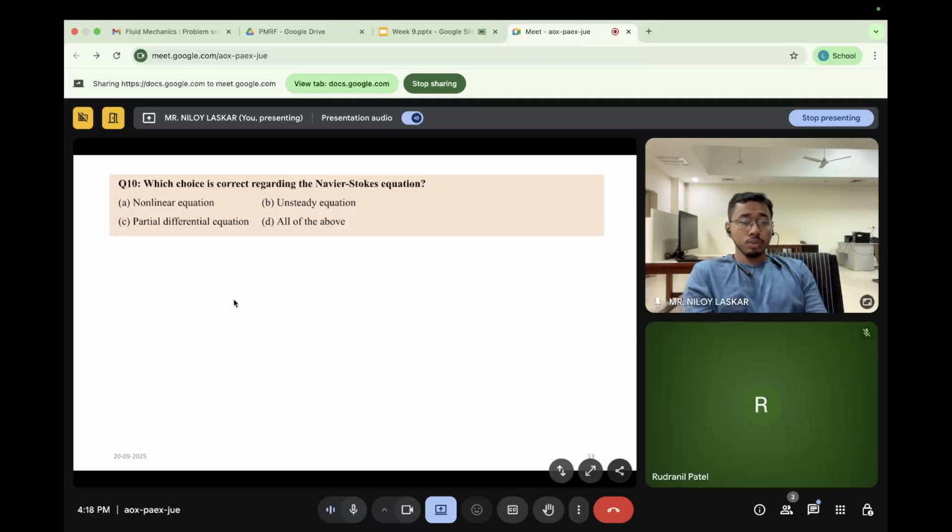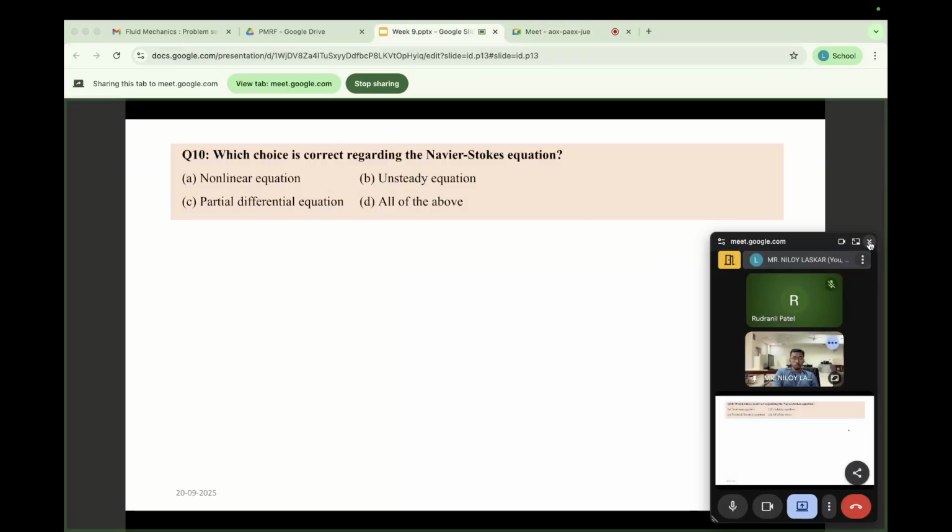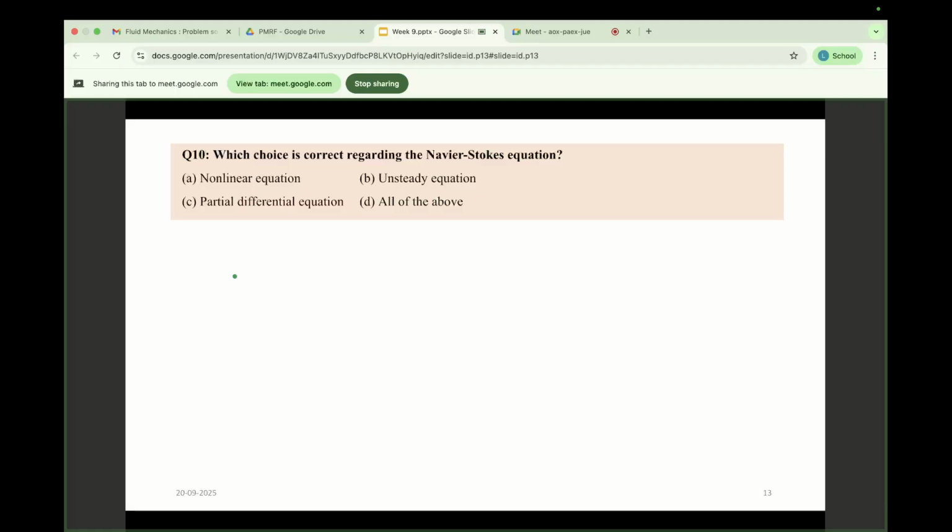To start, let me brief a little about this. What basically is this Navier-Stokes equation? I represent Navier-Stokes as the NS equation. It basically balances a few forces.